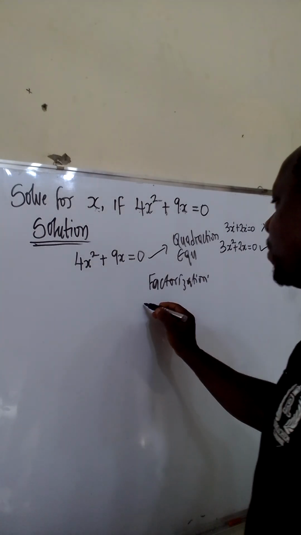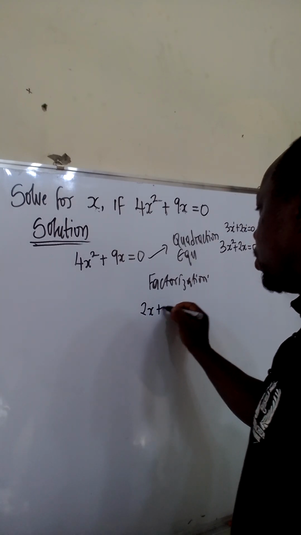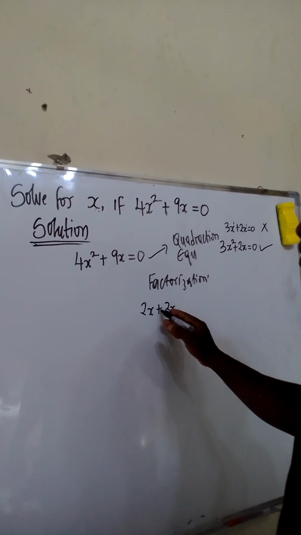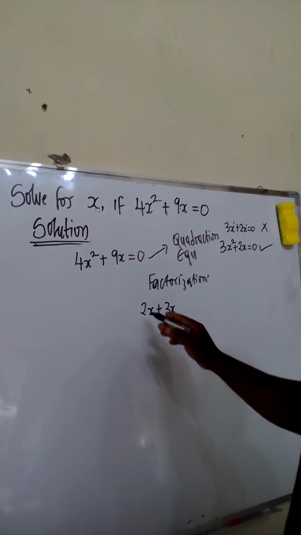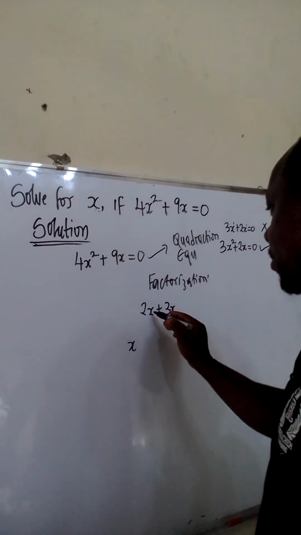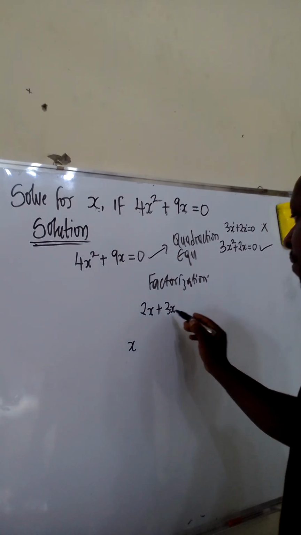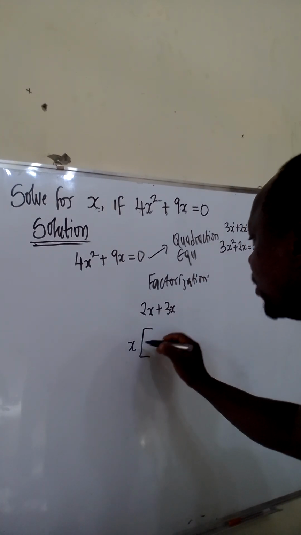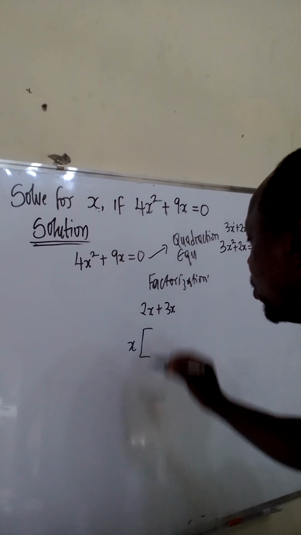For example, if we are asked to factorize 2x plus 3x, when you look at each of these terms, x is common. We have x here, we have x here. The first thing to do is to bring it out. Now, the next thing to do is to divide each of these terms by x.